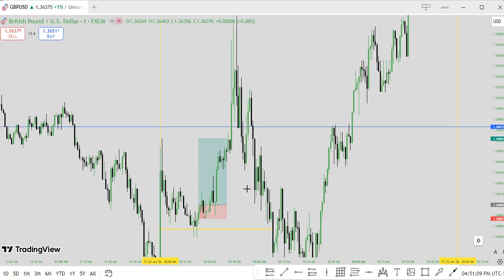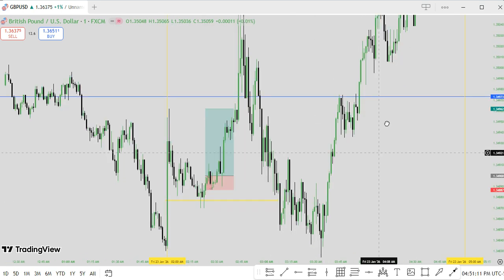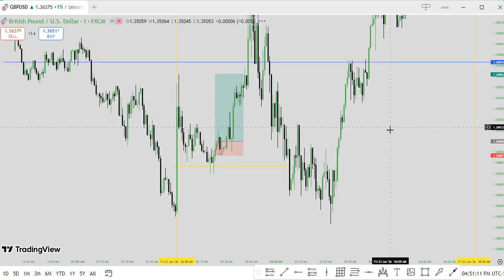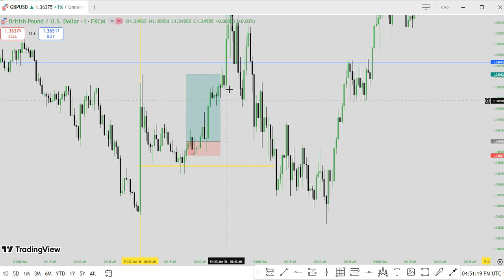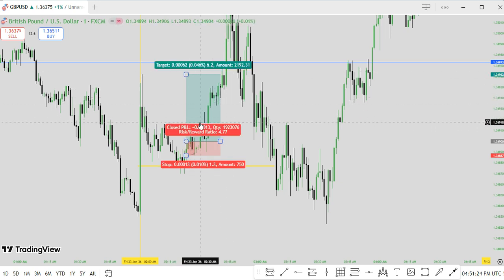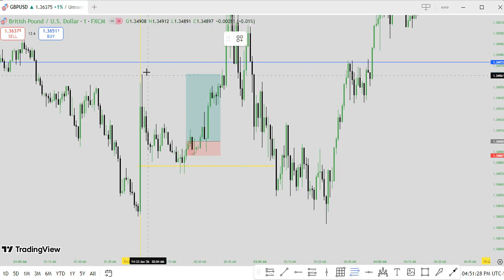The time was still around 1 o'clock, 2 o'clock, 2:30 a.m. So if you measure again from this high that formed at 2 o'clock to this low, what did you see? What happens inside here?